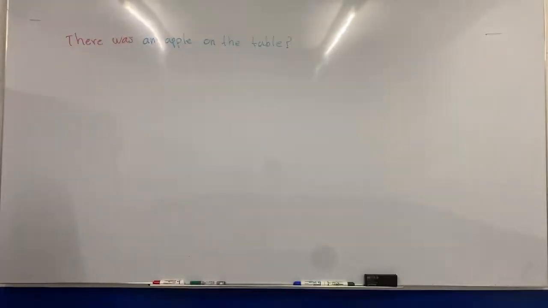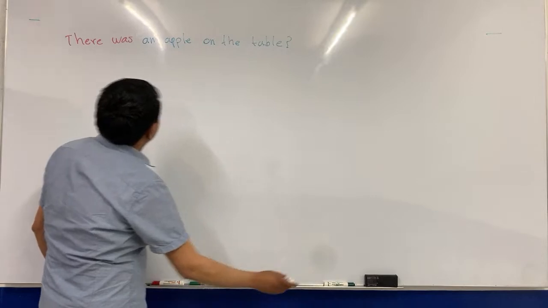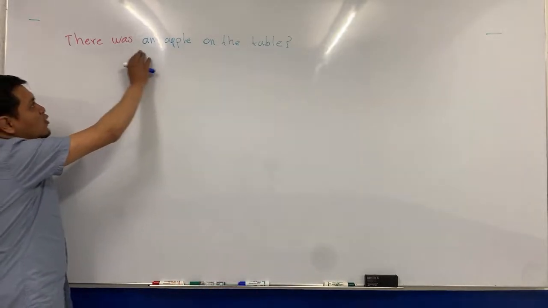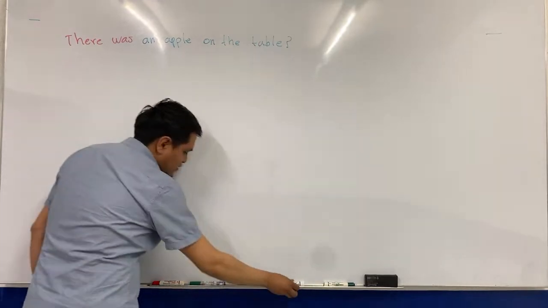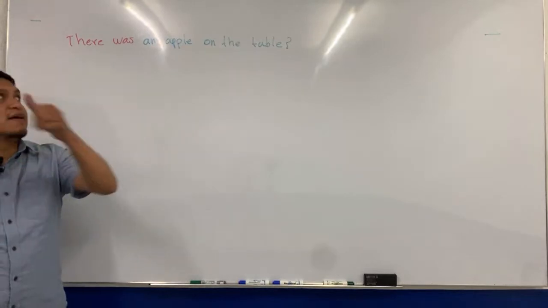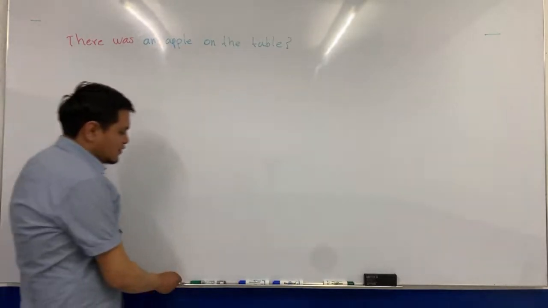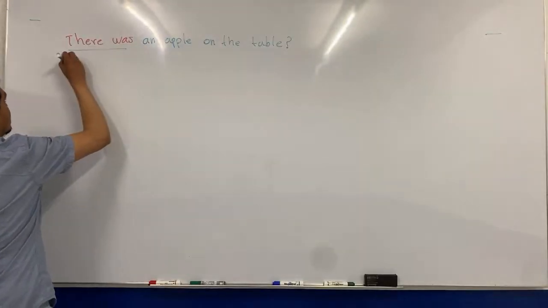Right? There was an apple on the table. Había una manzana sobre la mesa. Right? There was. This is for singular nouns.